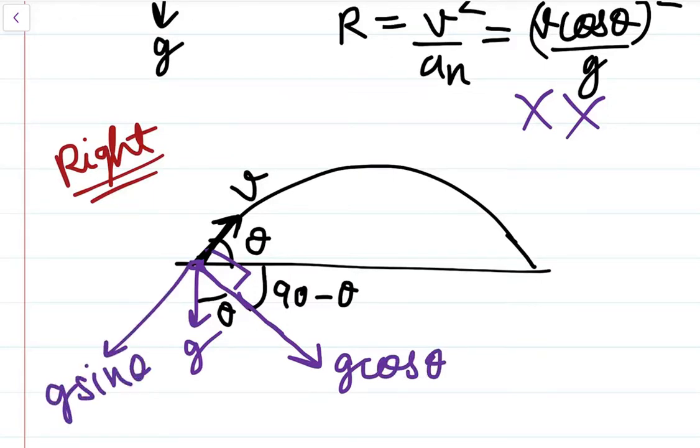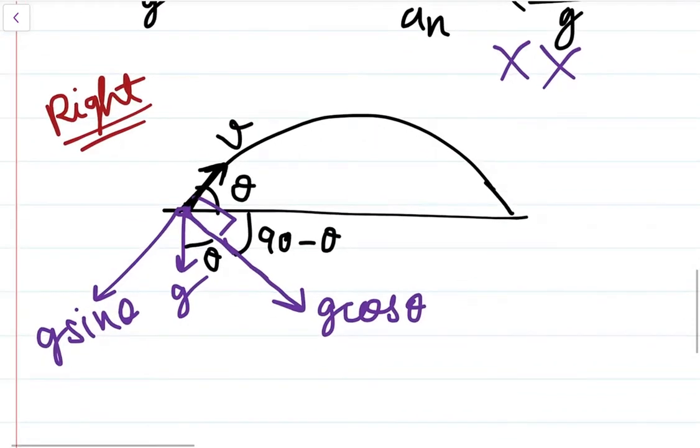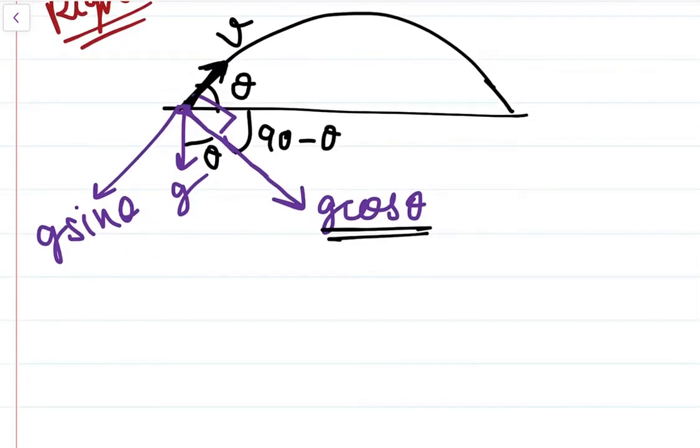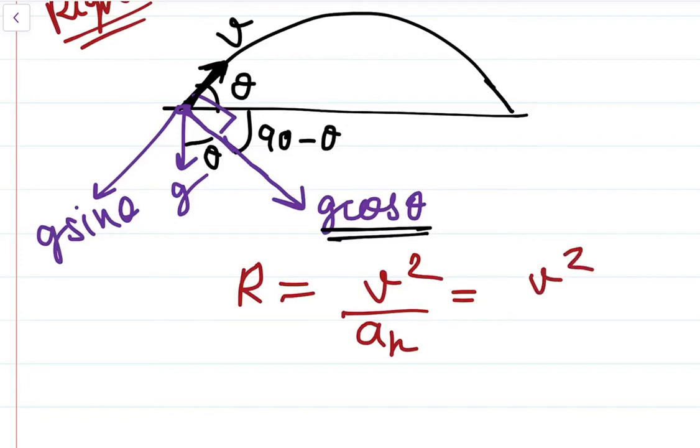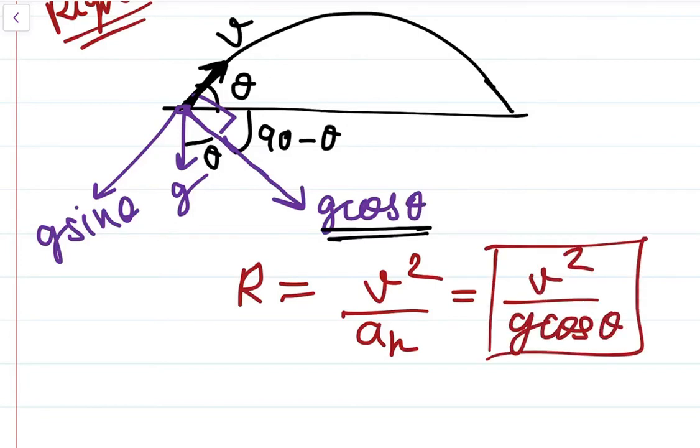I hope you can understand this. It is very important. So now the velocity is this v vector, and the acceleration perpendicular to it is g cos theta, not g sin theta. So easily we can write radius of curvature is equal to v squared by the normal component of acceleration, which in this case is v squared by g cos theta.